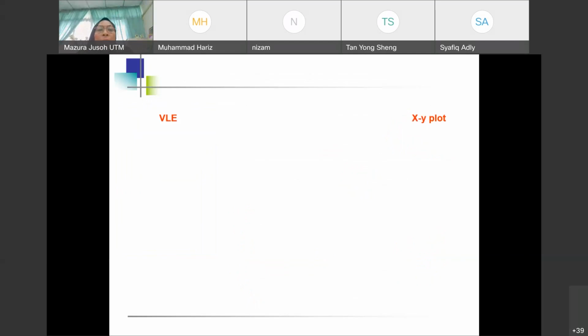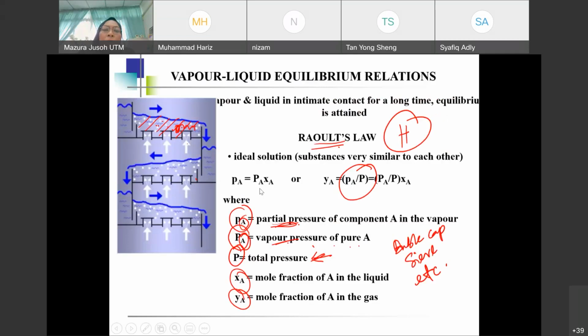so that is what's said. Sometimes, this Raoult's law is actually the same as Henry's law. It's used to relate X and Y, because what this equation is relating is only the partial pressure and the vapor pressure, and from the common equation, partial pressure of A over total pressure is YA. So you will relate that equation.